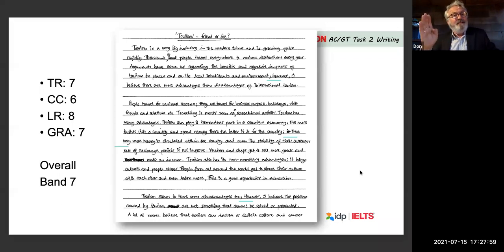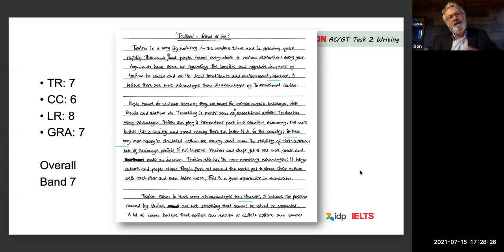It's an 8 for lexical resource, it's vocabulary, which means there are hardly any spelling mistakes and it uses some very good, less common vocabulary. And it's a 7 for grammatical range and accuracy. Maybe only 4 or 5 or 6 grammatical errors and a range of grammatical structures.